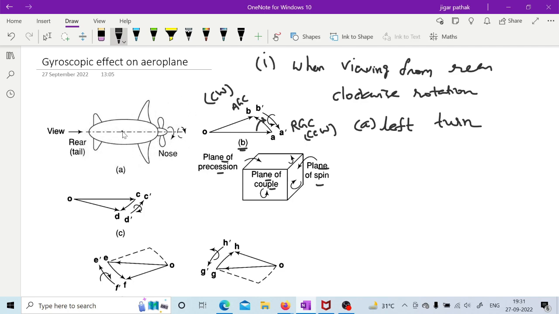There is an axis which is coming out of the plane. About that particular axis, the couple will be in this counterclockwise direction, then what will happen? It will try to raise the nose and dip the tail.